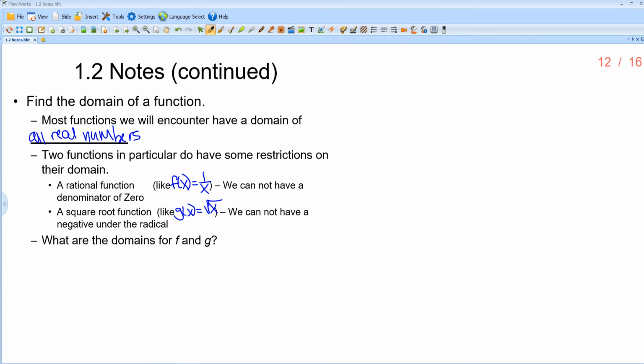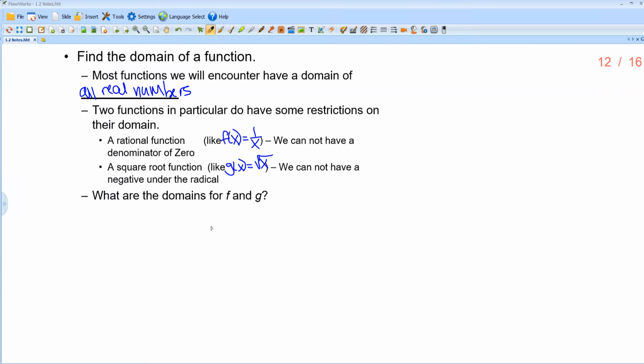So when we talk about the domains of f and g then, f being the rational function, g being the square root function, we're going to do two different things here. One for f. So if we're looking at f of x equals 1 over x, again, the domain restriction that we have here is that x cannot be equal to 0.